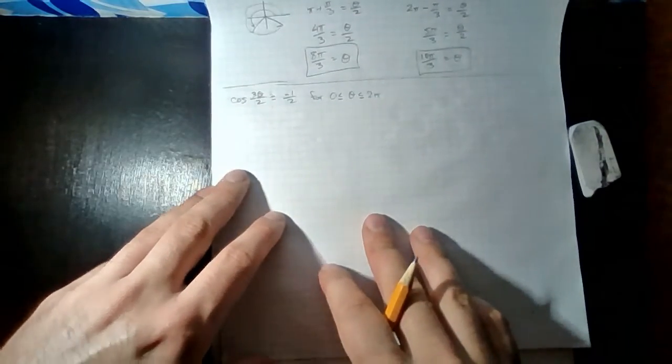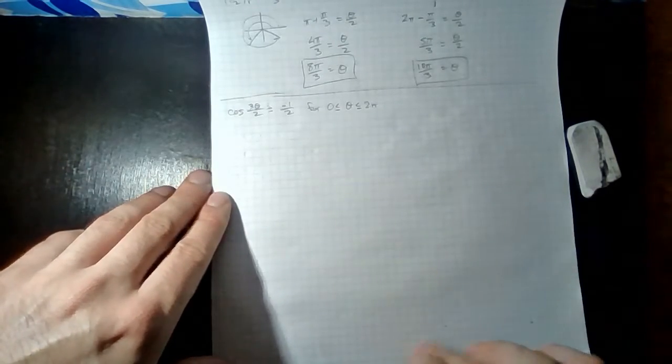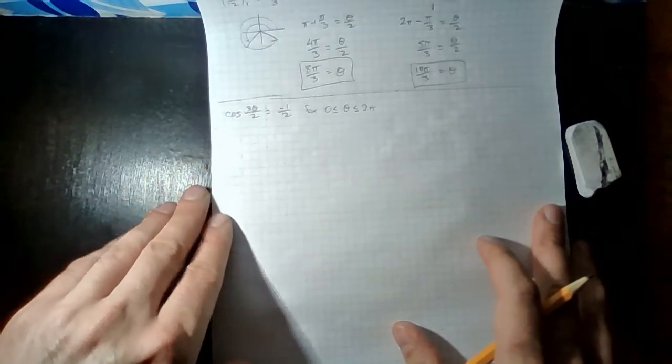So first thing we're going to do again is sketch our function, 3 theta over 2. That's going to have a horizontal compression of a factor of 2 over 3.